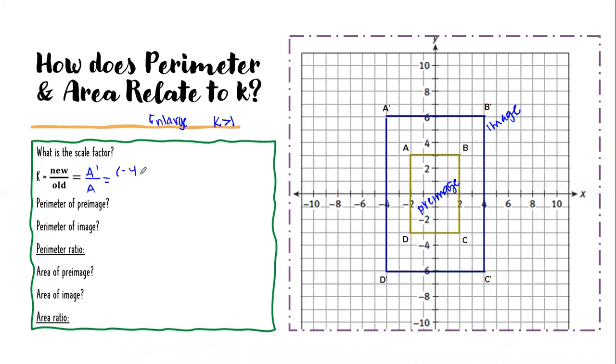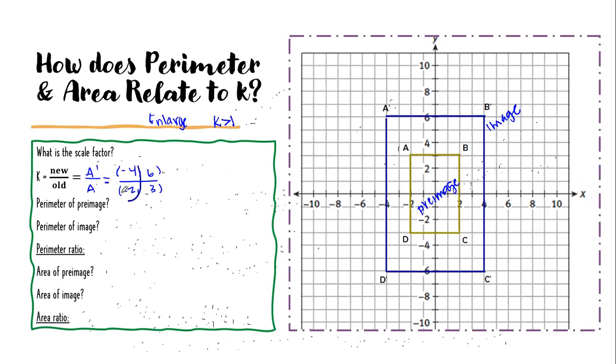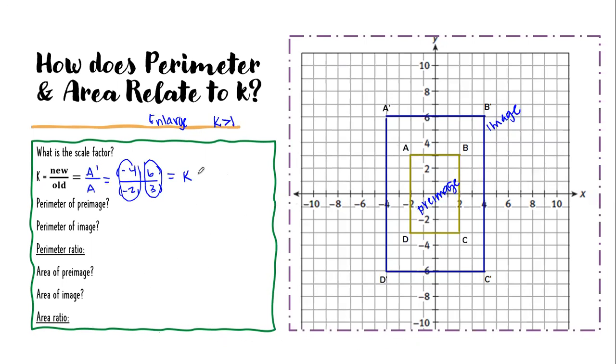Okay, good, ladies. -4, 6. And A is at -2, 3. So when I divide it, -4 divided by -2 or 6 divided by 3 will give me what? 2. So my scale factor equals 2.